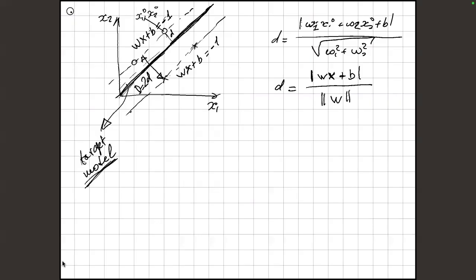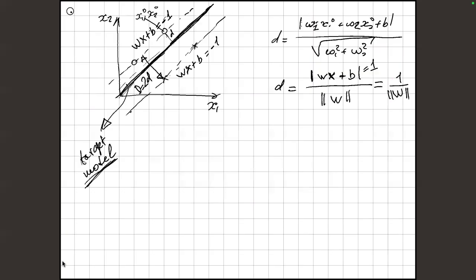So our model should result in -1 or +1, which makes this modulus here 1. So this D is nothing more than 1 over the norm of W.